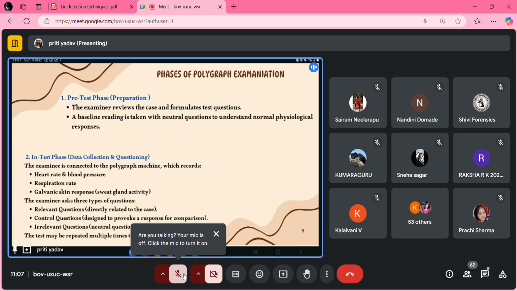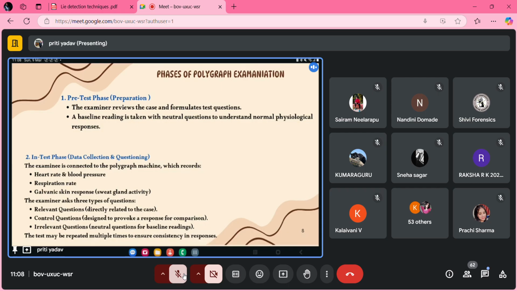The examiner asks three types of questions. First, the relevant question, which is directly related to the case, for example: did you stab the victim on the night of 10th February? Then the next are control questions.